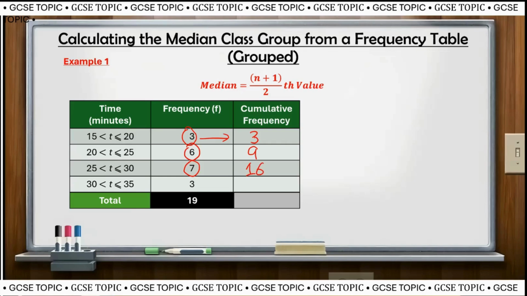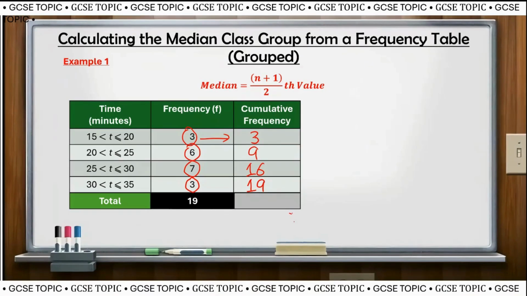And finally, to get the last cumulative frequency, I'm going to add 16 plus 3, which is equal to 19. In order to see if we have added our cumulative frequency correctly, we can check if the totals for both the frequency and the cumulative frequency column are the same. And as you can see, they are both 19.